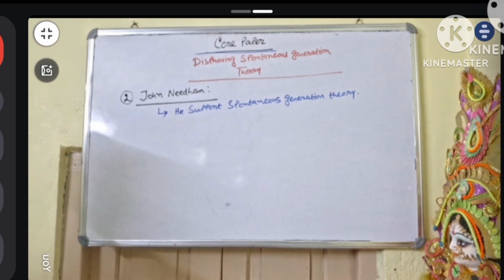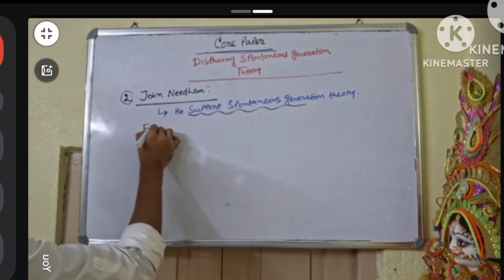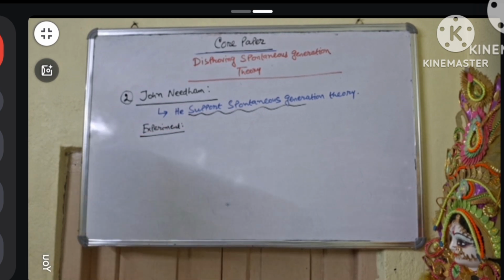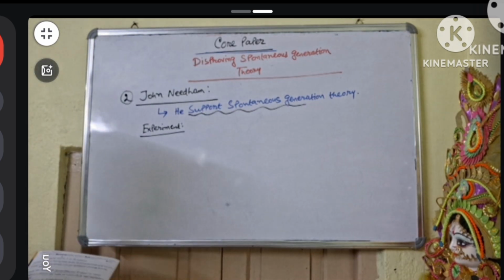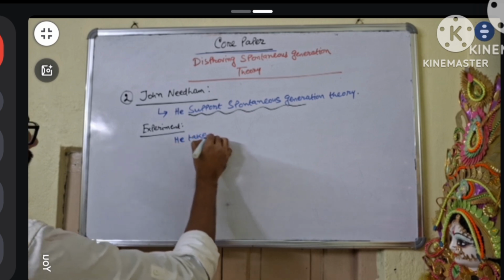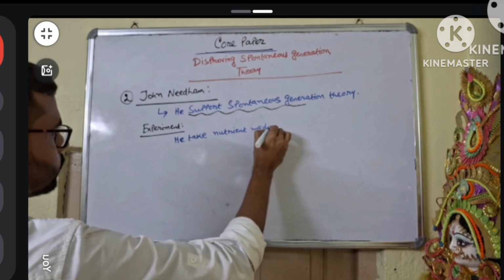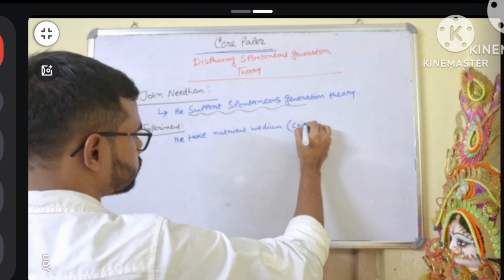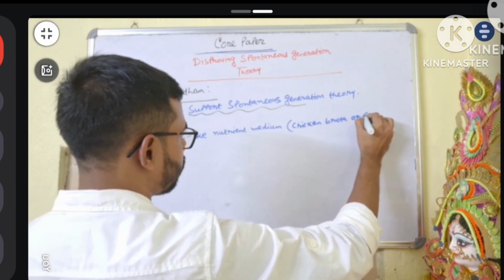And he did a simple experiment to support this statement. He took a nutrient medium, chicken broth or corn broth.